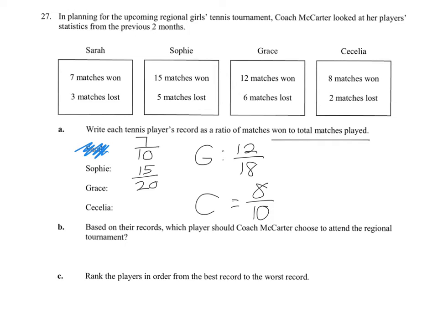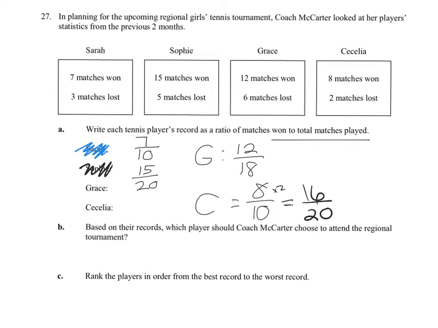Well, we can scale Cecilia up to be out of 20 so we can compare her to Sophie. So I can multiply that by 2 and multiply the 8 by 2 gives me 16. Well, we still can see Cecilia is doing better than Sophie, because Sophie only had 15 out of 20.